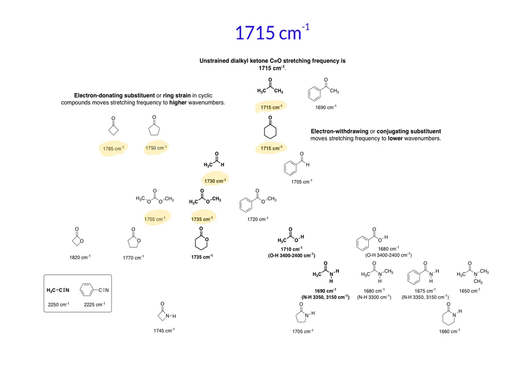This is particularly pronounced for cyclic esters or lactones, stretching from 1735 for the 6-membered ring lactone to 1820 wave numbers for the 4-membered ring lactone. Electron withdrawing or conjugating substituents will move the stretching frequency to lower wave numbers.